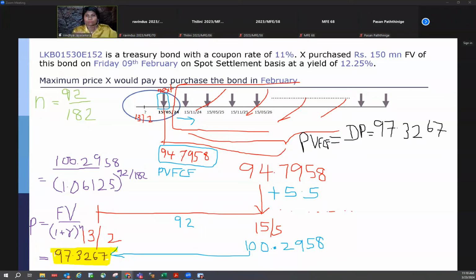You have to deduct the accrued interest, because dirty price equals clean price plus accrued interest.